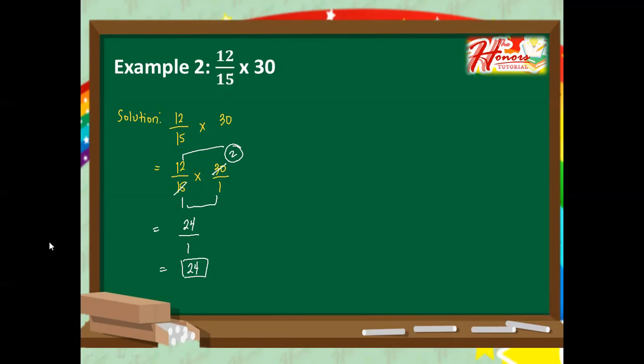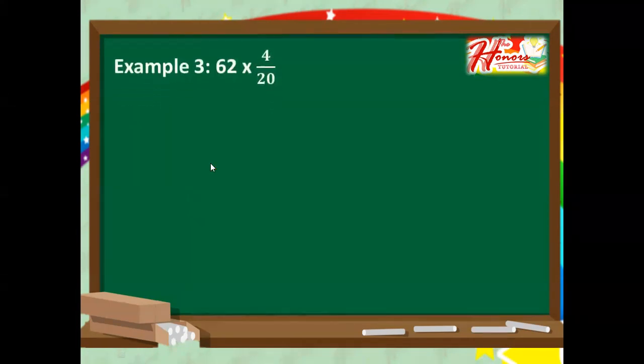Let us have another example. We have here 62 times 4 over 20. Same process. Kindly write the given first. We have here 62 times 4 over 20. And then just don't forget to change 62 into a fraction.